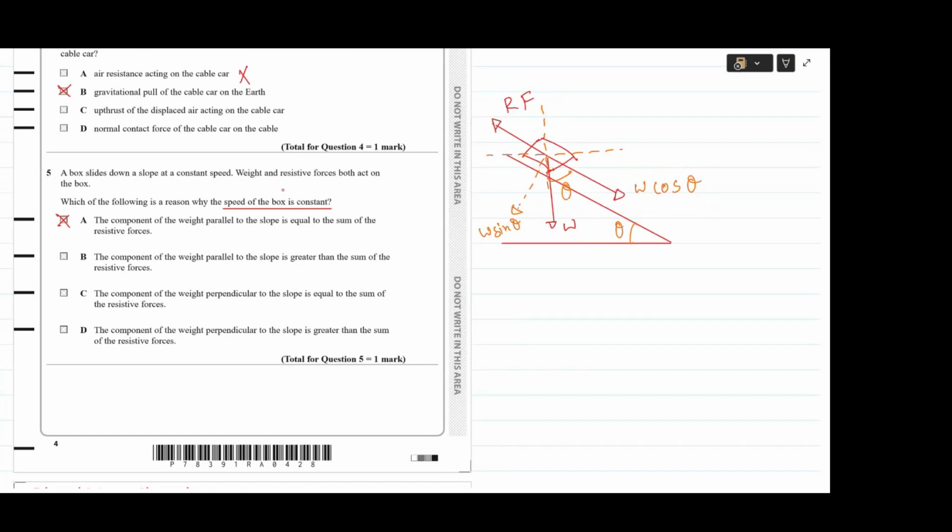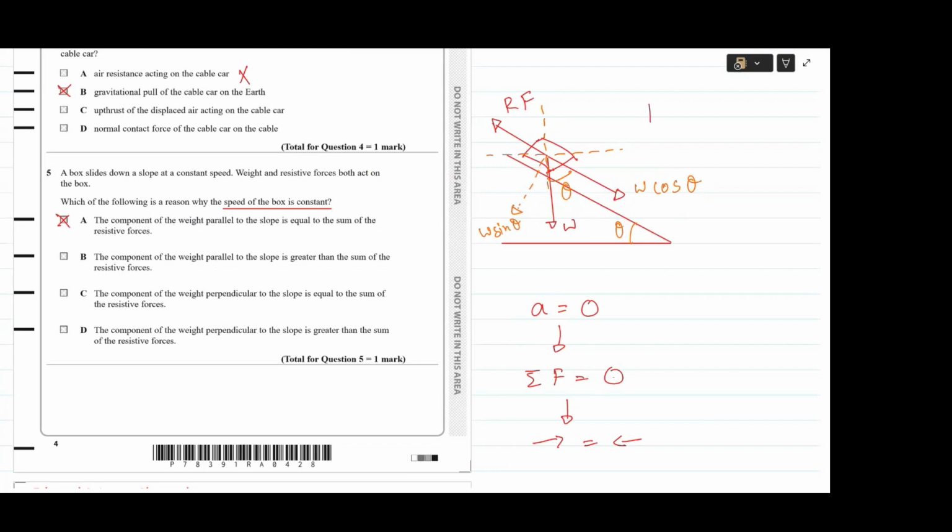If the velocity of the box is constant, it basically means that the acceleration is zero. For acceleration to become zero, the resultant force must be zero. And for resultant force to be zero, all forces in all directions must be equal to one another so that they basically cancel each other out.